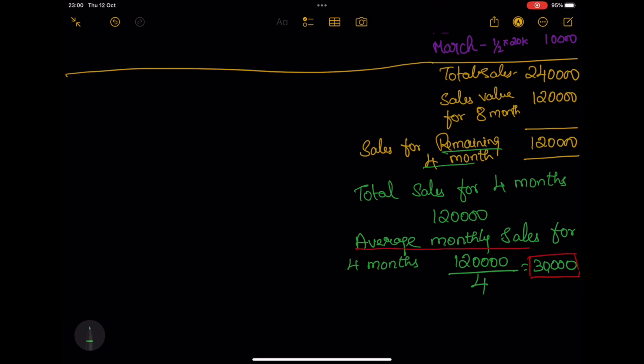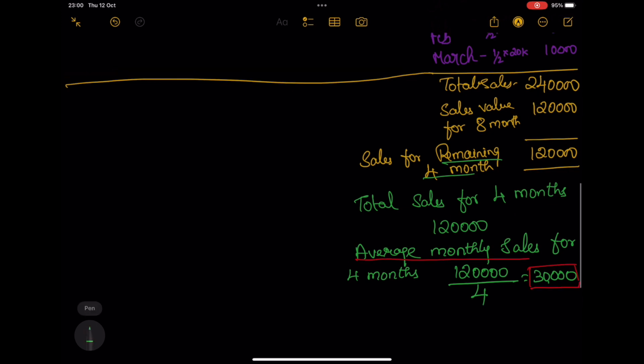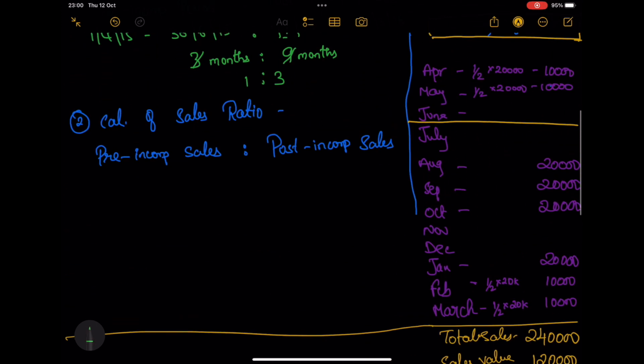Isn't it? I'll write that in the table. So how much average sales did we get? So 30,000 we got, isn't it? So for July also 30,000.